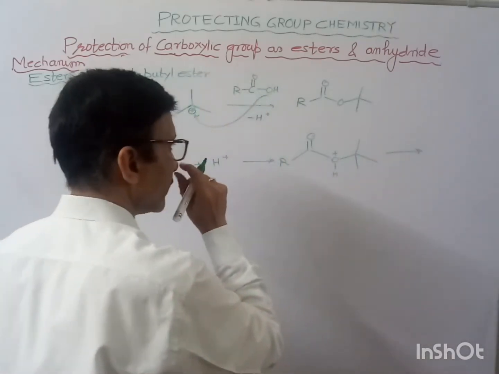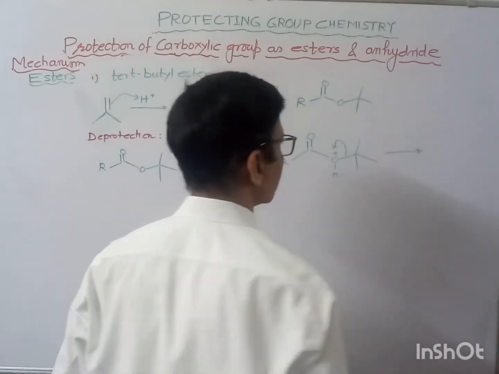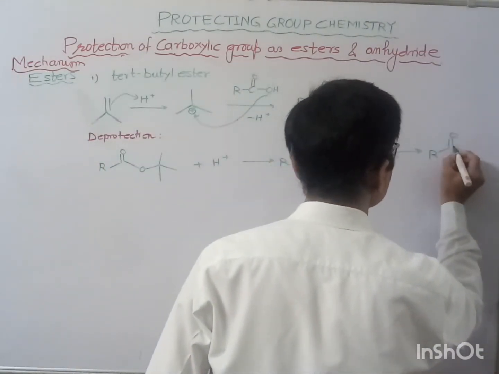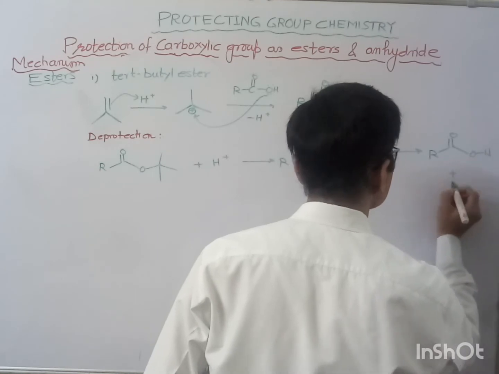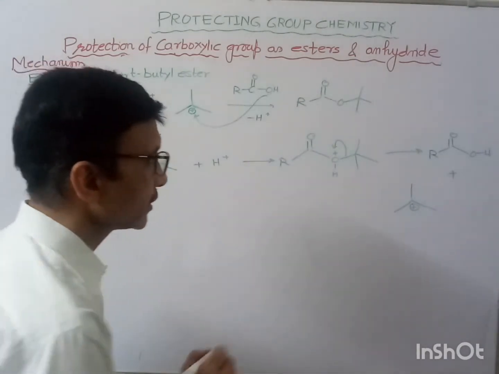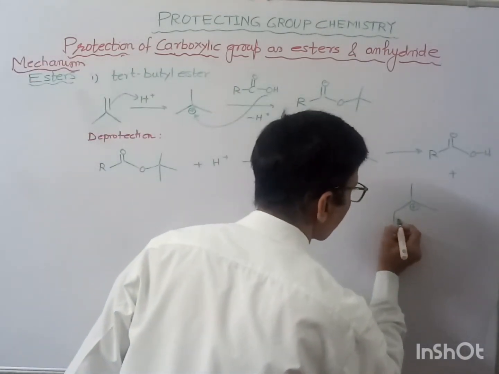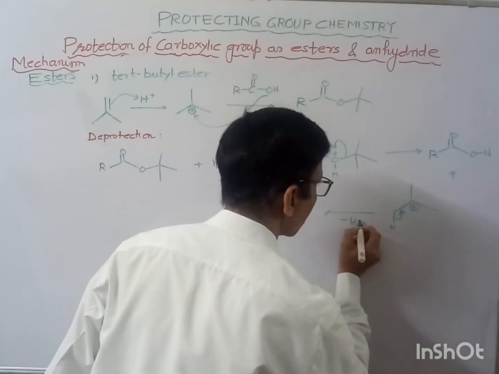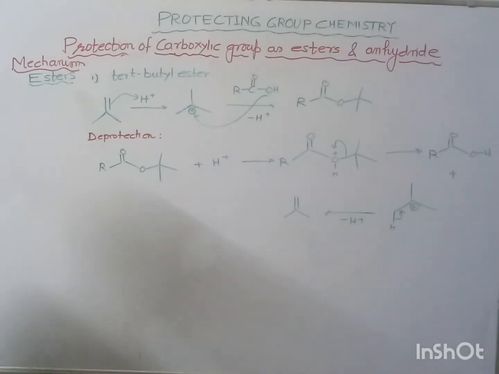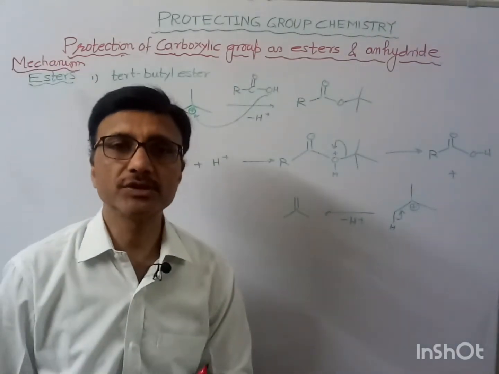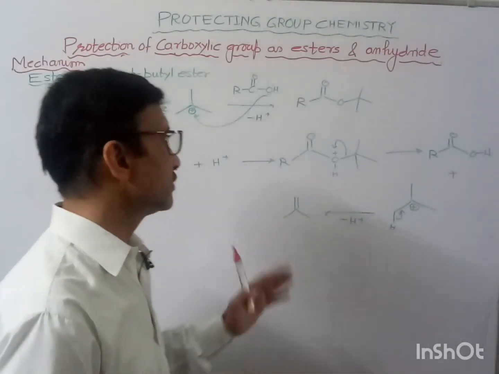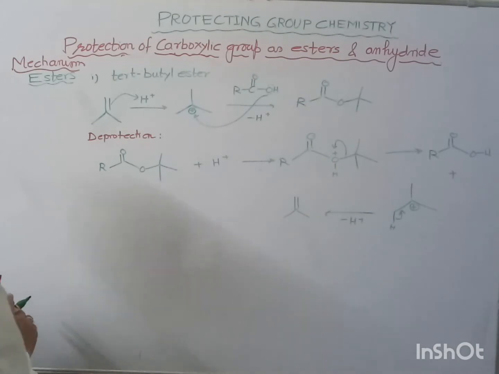Next step, this bond will get broken, and again we will get the acid plus the tertiary butyl carbocation, and here removal of one of the hydrogen protons, and we will get tertiary butylene gas. The formation and removal of this butylene increases the entropy of the reaction, or it favors this reaction.